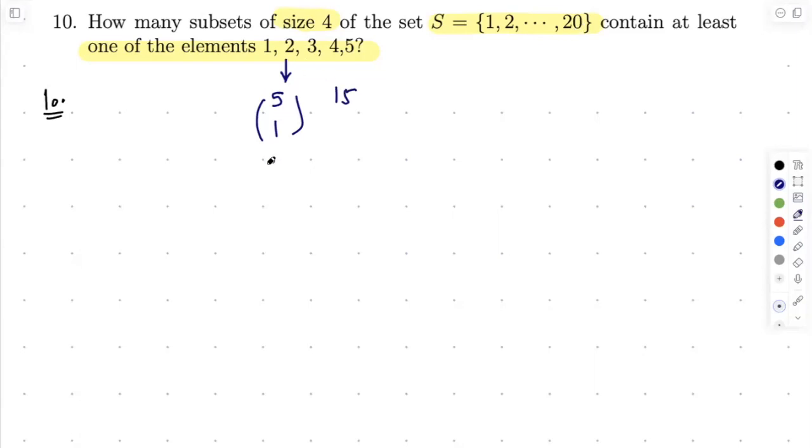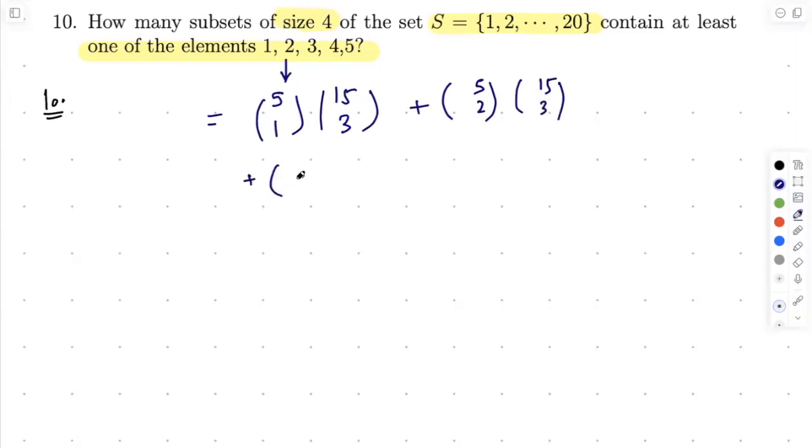Total 4 is required. There may be a possibility that out of 5 you choose 2, because at least one is there, and from the remaining 15, from 6 to 20, you choose 2.